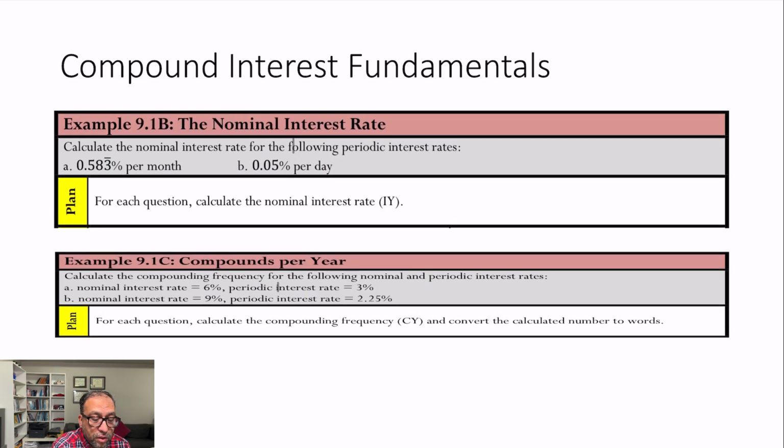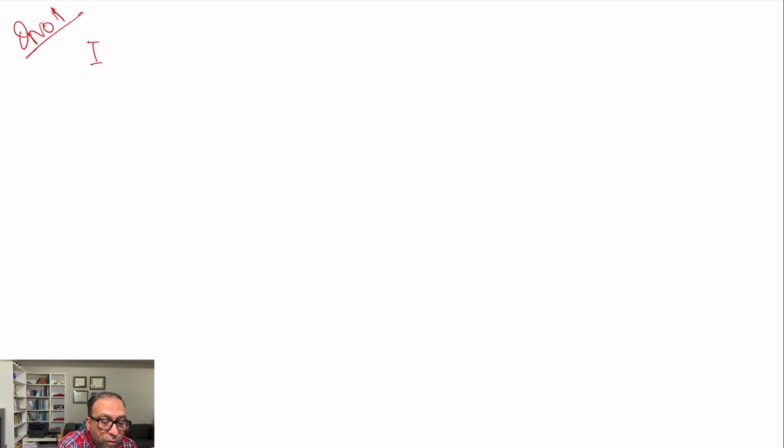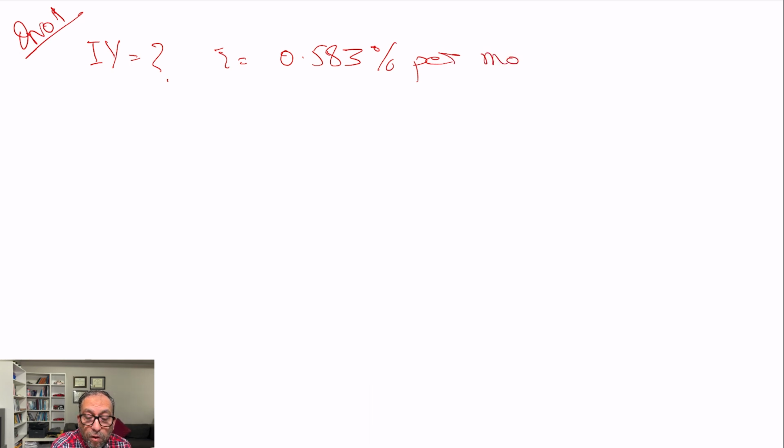So question number 1, the given is I, IY we want to calculate. I is given as 0.583 percent per month, and CY is 12 per year, right?